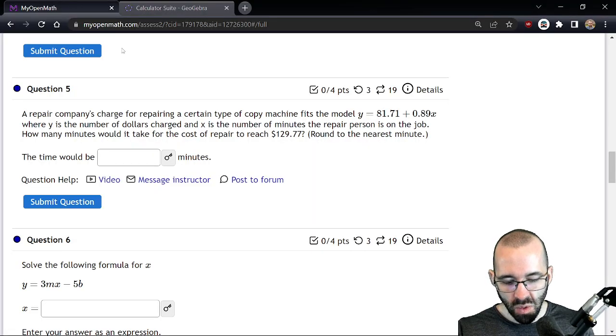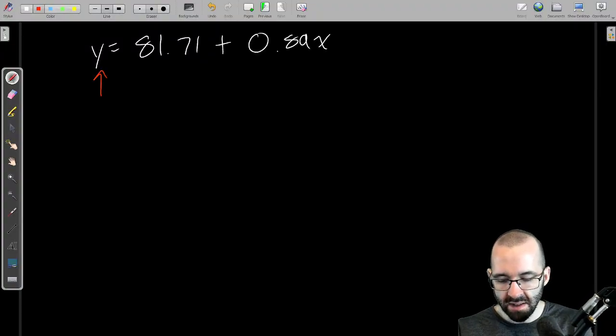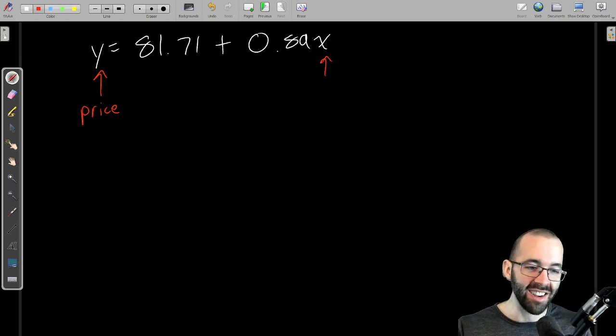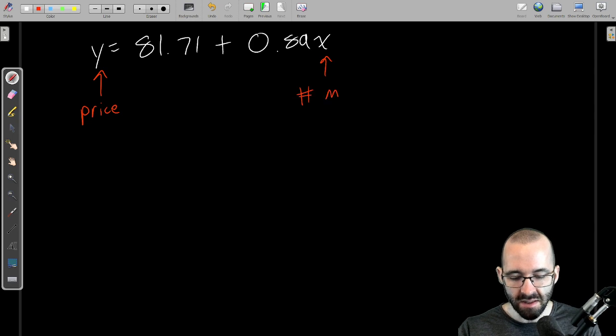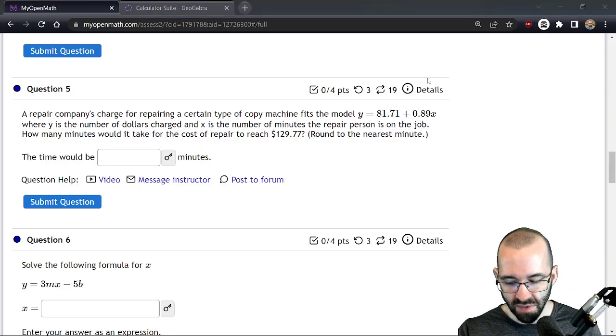Y equals 81.71 plus 0.89 times X. Sorry, Y is the price, and X is the number of minutes on the job for that repair company. How many minutes would it take for the cost of repair to reach 129.77, rounded to the nearest minute?